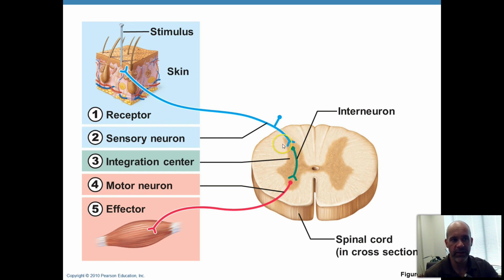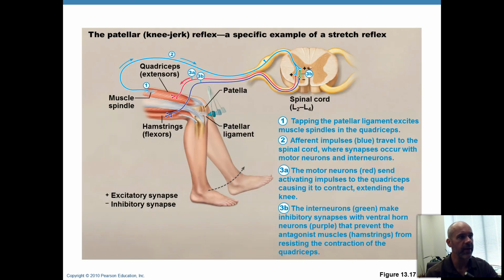So this one secretes neurotransmitters, causes this one to depolarize and generate an action potential down its axon. It secretes neurotransmitters that stimulate this motor neuron to send an impulse out to muscle fibers in a muscle. So the effect will likely be to jerk away from whatever it is that's causing the pain. You need to contract skeletal muscles to make that happen.